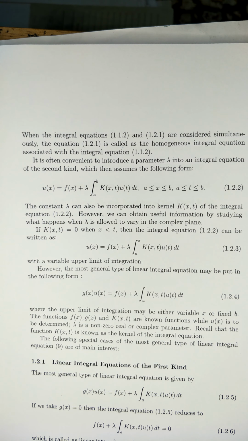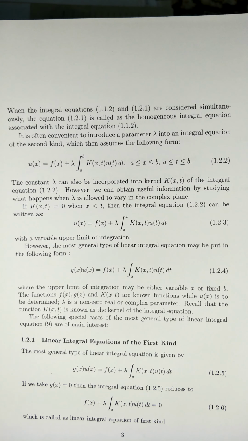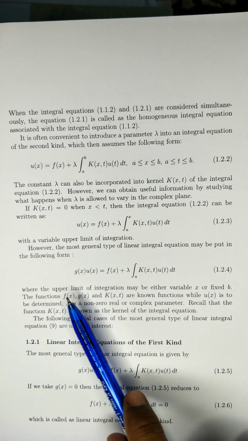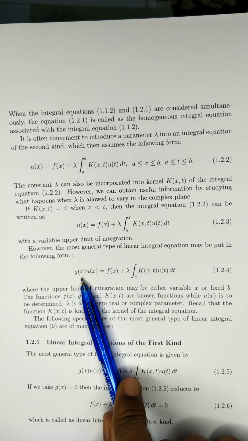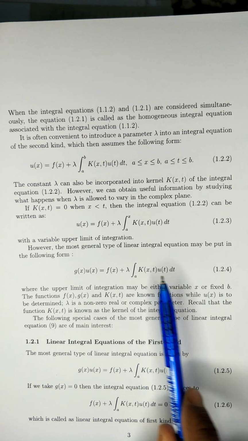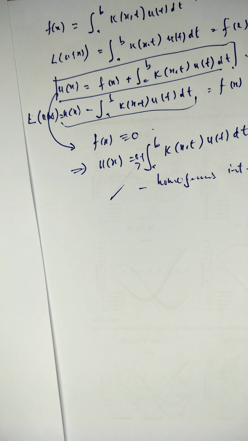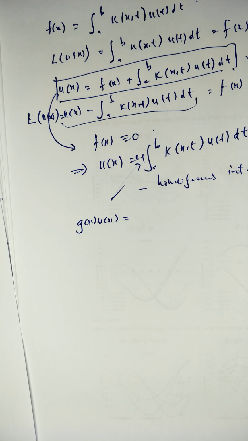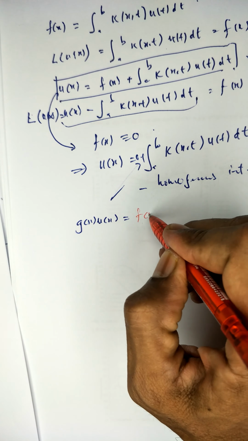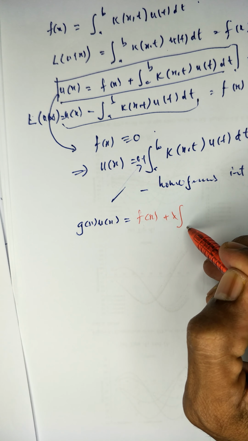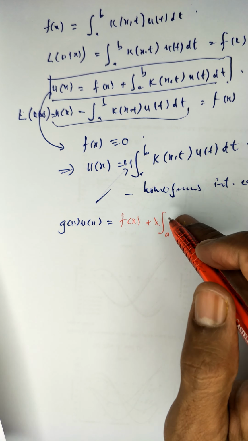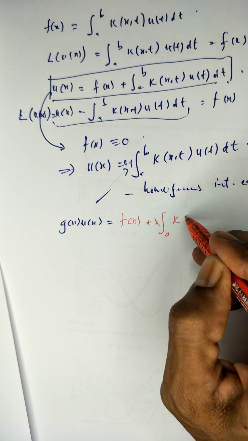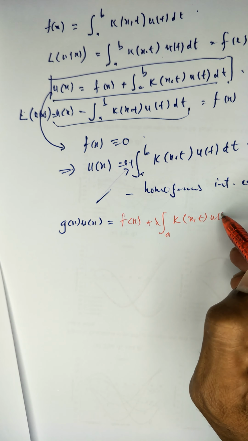And then we look at the most general type of integral equation, given by g(x) u(x) equal to f(x) plus lambda times the integral from a to some upper limit, which could be a fixed number b or the variable x, with the kernel of integration and u(t) dt.